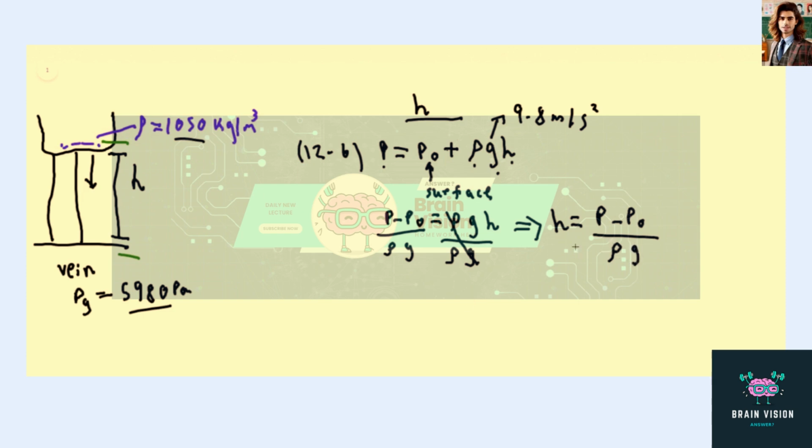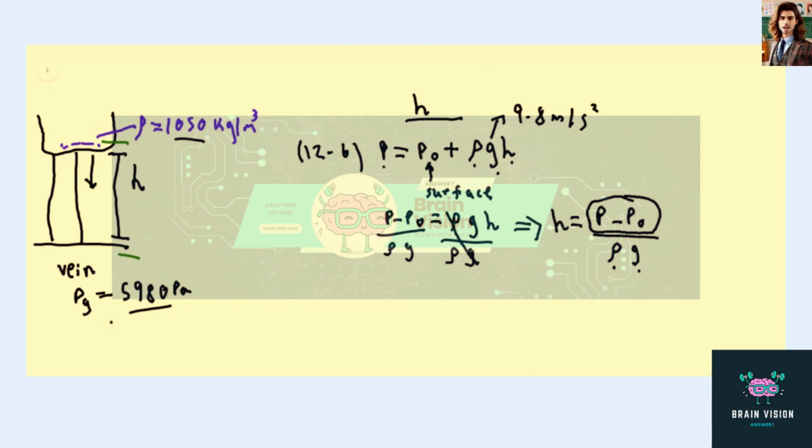Okay, so now we have this equation rearranged in terms of the height, which is what we're solving for. And let's just really quickly take a look at the equation and see what we have and what we don't have. So we're looking to solve for H. We are given the density, so we have that. We know the acceleration due to gravity. And here we have P minus P naught. That's a pressure difference or a relative pressure. And so keep in mind what we're given in the problem is a relative pressure.